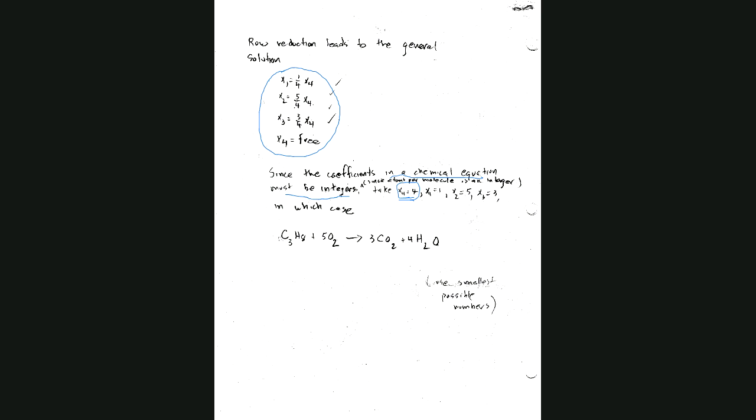Being you have fourths here, 5/4, 1/4, 3/4, for x1, x2, x3, you have coefficients that have a 4 in the denominator. Let x4 be 4. Then x1 will be 1, x2 will be 5, and x3 will be 3. And so you've balanced the equation, and you use the smallest possible numbers.